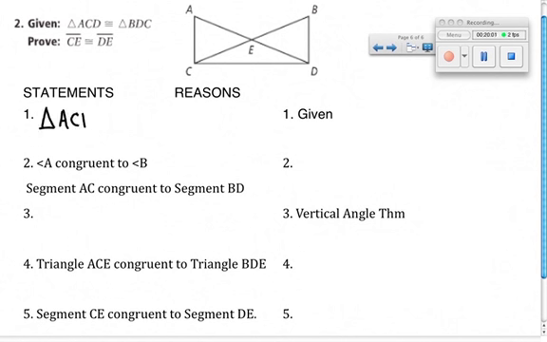Remember, it's the only property you've ever used right after you say that two triangles are congruent. Not HL. CPCTC. I'll go erase reason 2 here.